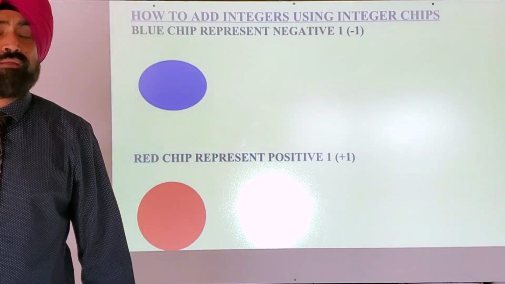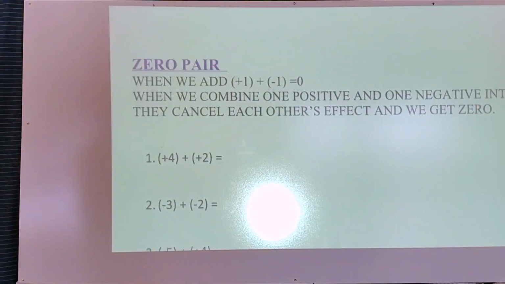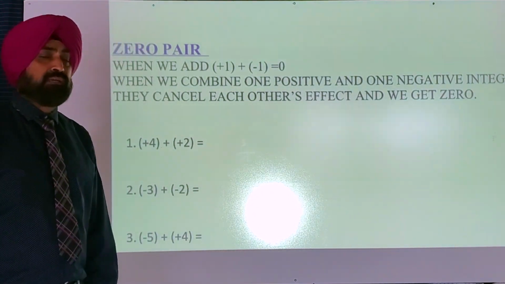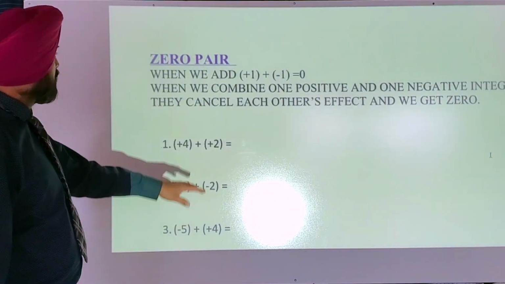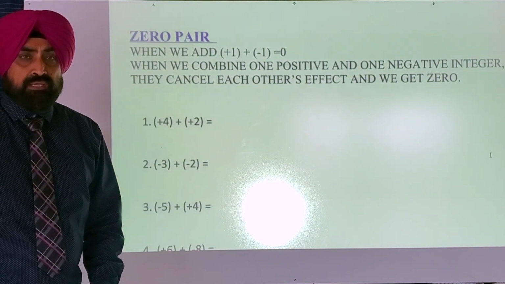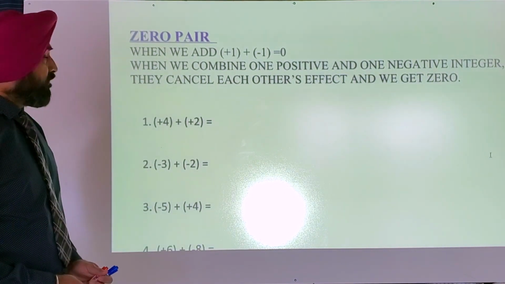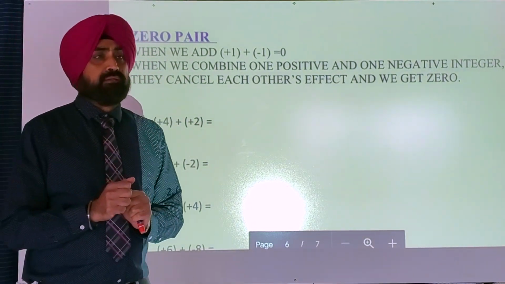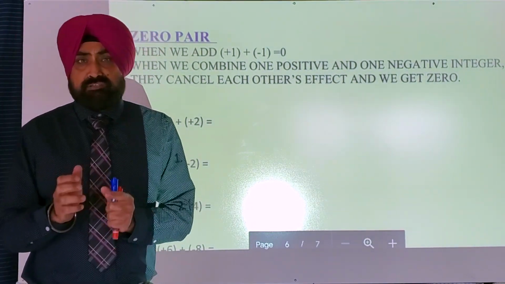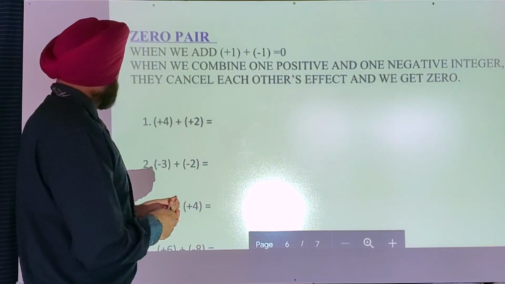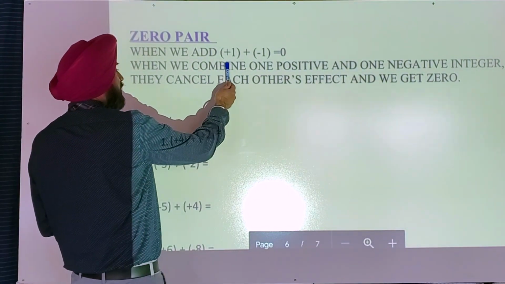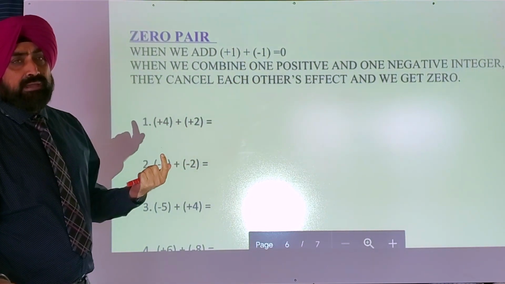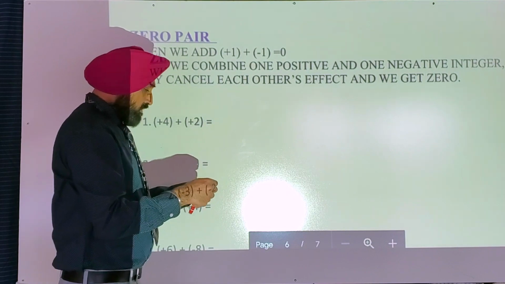The first thing we should know before adding integers using chips is the zero pair. A zero pair means that when one positive integer is added to one negative integer, the result is 0. For example, this is a positive 1 and you add negative 1. We know that one positive and one negative, when we add, give 0.